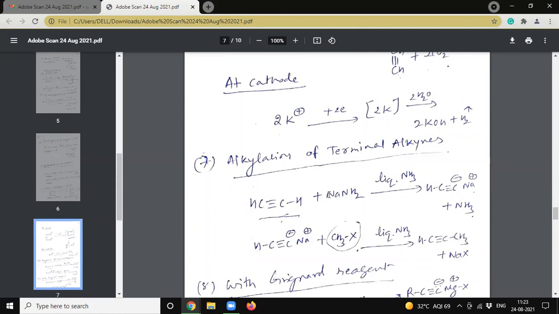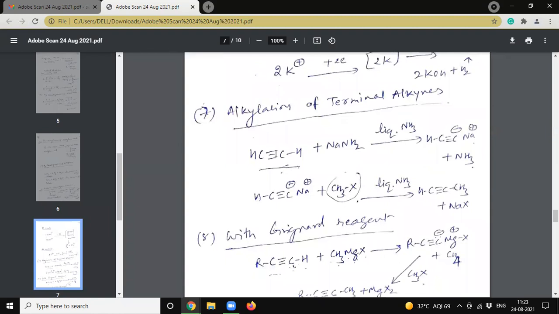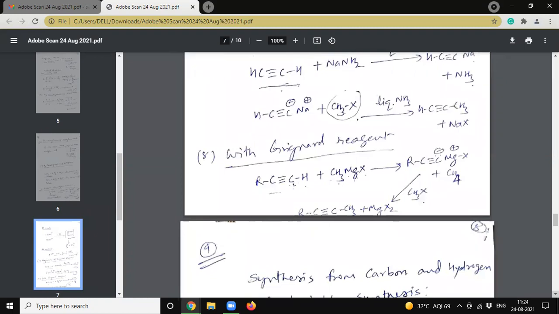Alkylation of terminal alkynes. This alkyne will react with sodamide and liquid ammonia. It will give this sodium salt, and then it will react with alkyl halide in presence of liquid ammonia, and it will give higher alkynes.